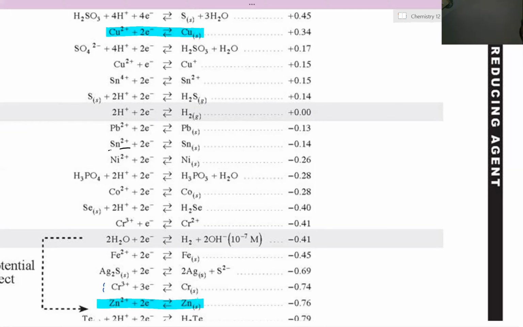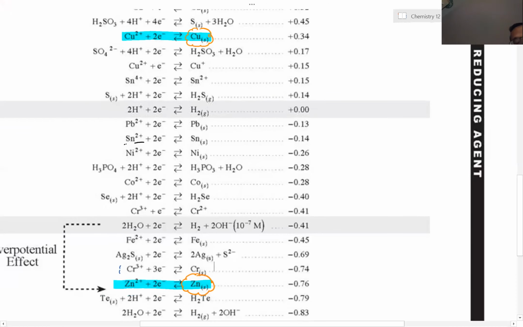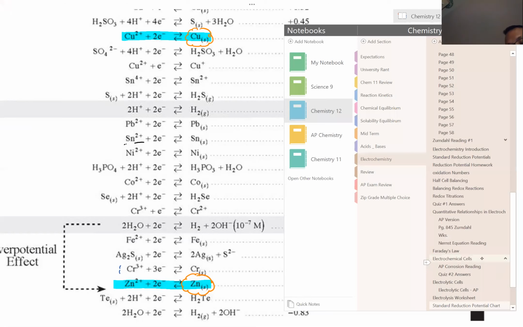So here's my copper, here's my zinc. Now, you notice that zinc is lower to the right, so zinc will tend to oxidize more. This is going back to how to use the standard reduction potential table.